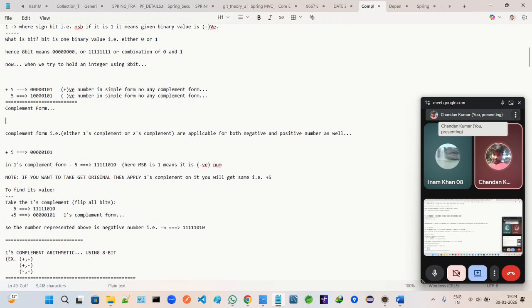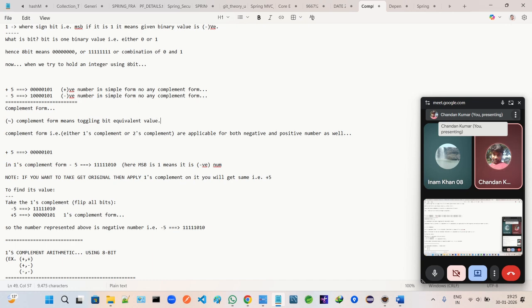Now talking about complement form. What is complement? The complement symbol is this one. This is the complement operator, right? Complement form means changing the bit's equivalent value, toggling. Toggling the bit's equivalent value is called what?